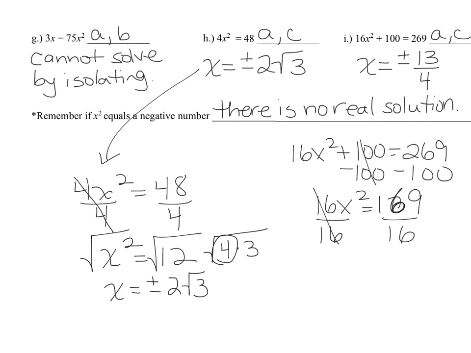You leave that as a fraction. x squared equals 169 over 16. Then you find the square root of both sides. Remember, when you find the square root of a fraction, you find the square root of the top and the bottom. And then you get x equals plus or minus, because you found the square root. The square root of 169 is 13, and the square root of 16 is 4.